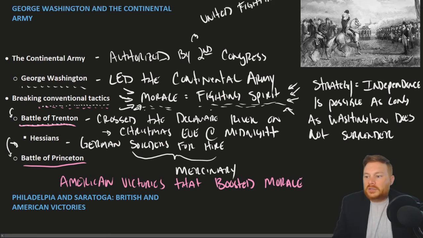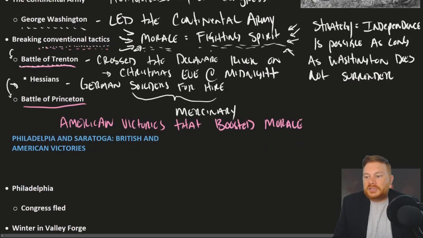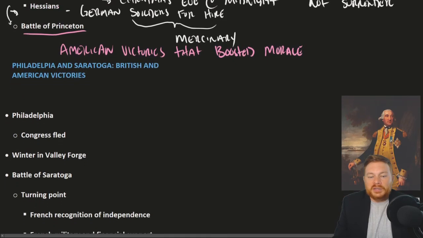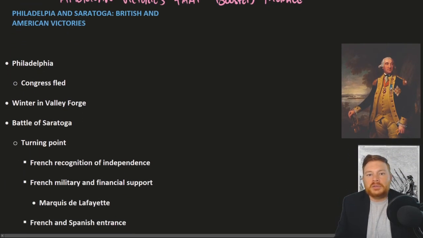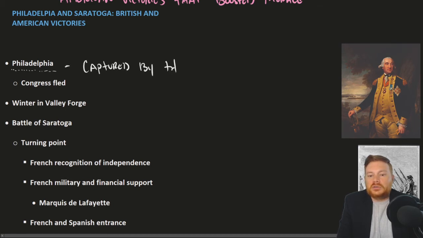So on the one hand, there were a couple of reasons the Americans could celebrate, but in the whole scheme of things, the war was still going very, very poorly for the American side. In addition to New York falling to the British, Philadelphia was captured by the British.